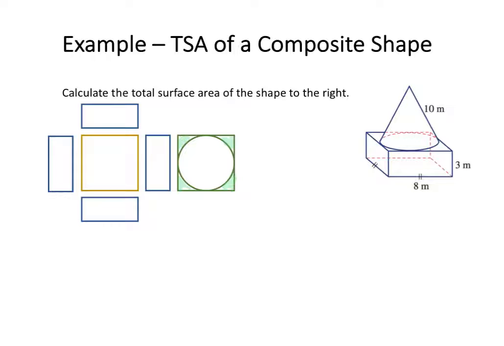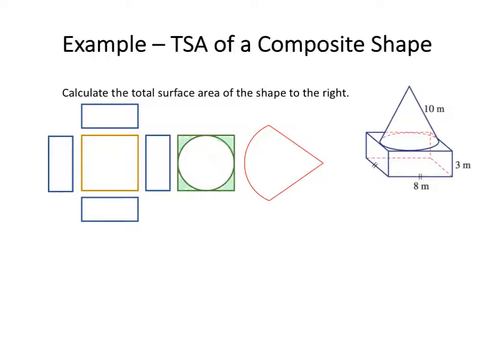And then the final shape that I need to calculate the area of to do my total surface area calculation is the curved part of my cone that is sitting on top. So that is the final shape that I need to add to my net drawing.